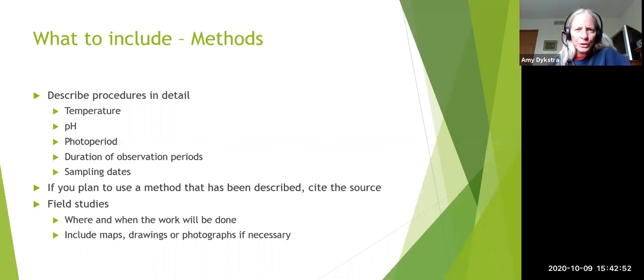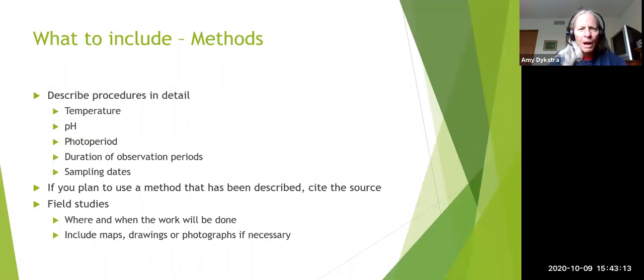If you plan to use a method that has already been described in a published paper or by one of our Bethel seniors in their research paper, then you don't have to repeat in detail all the things they did, but you do need to cite the source of your experimental method.